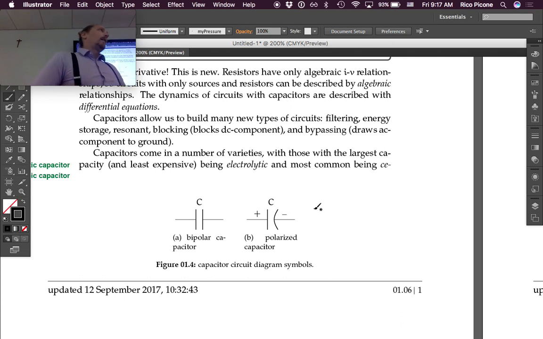They're not meant to be used for a voltage that's going to reverse. In fact, it's dangerous to use them in that way. If you reverse the voltage, at best you might damage the capacitor. At worst, it might explode.